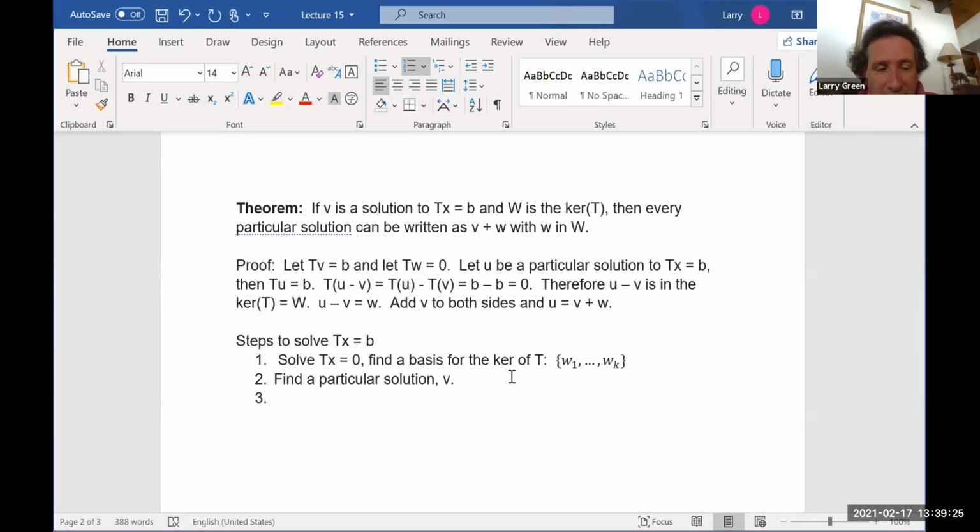And then step 3 is the solution. Well, you start with your V. Let's write it as an equation.